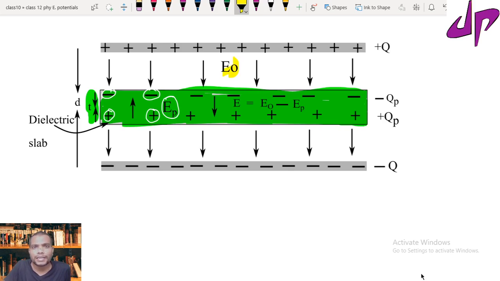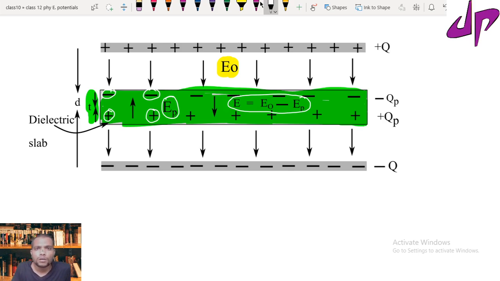If E naught is the external electric field and E suffix P is the electric field due to polarization, we can notice there is a residue electric field. This is the residue electric field within the dielectric medium.